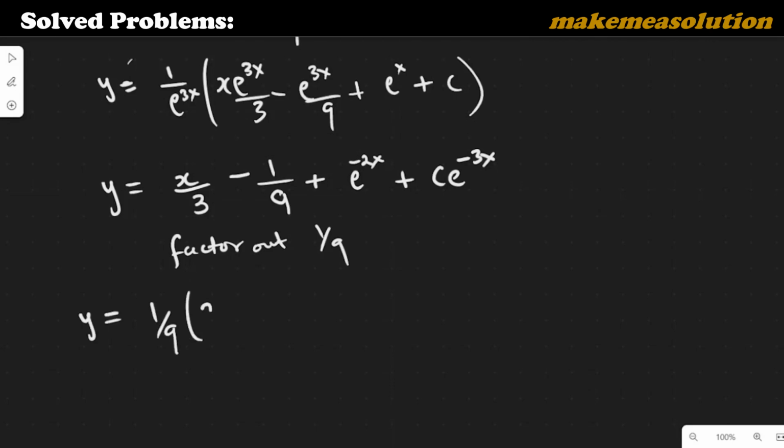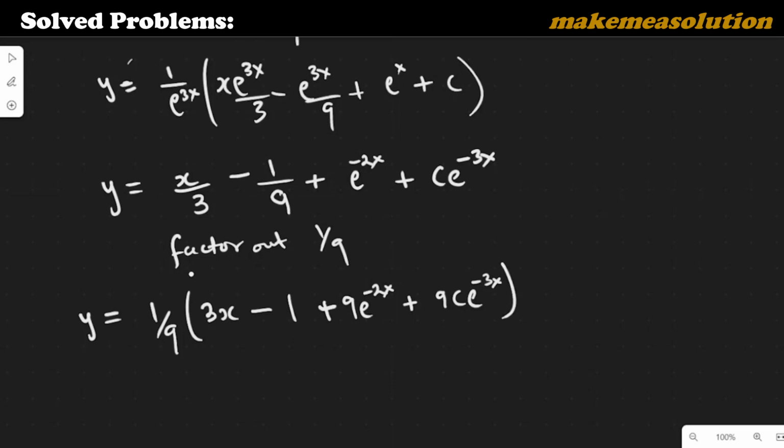So you get 3x here, right? And minus 1 here, and you get plus 9 exponential negative 2x plus 9c exponential what? Minus 3x.